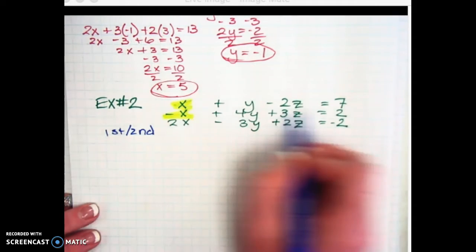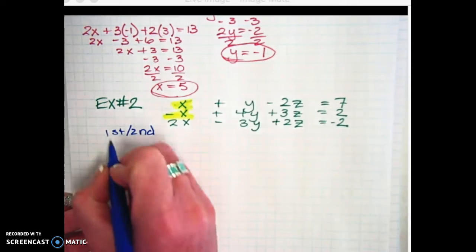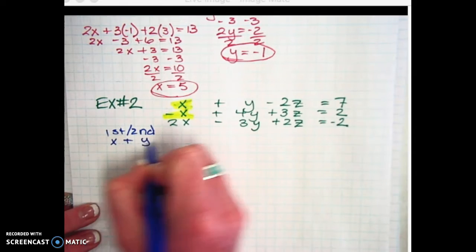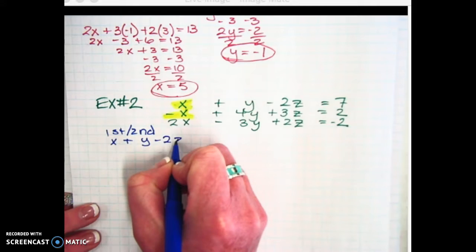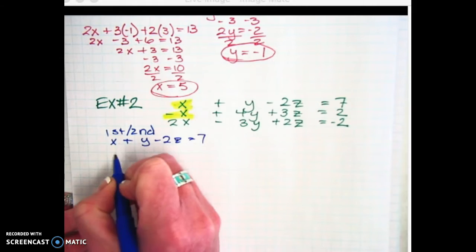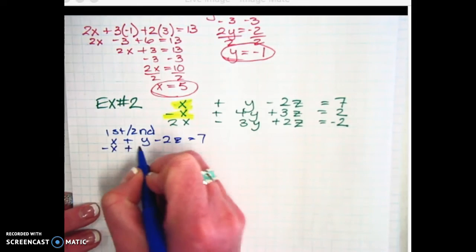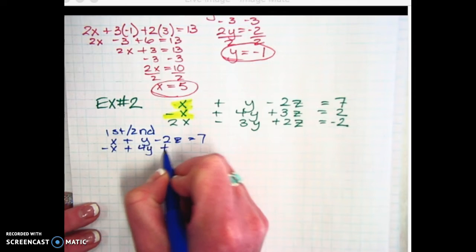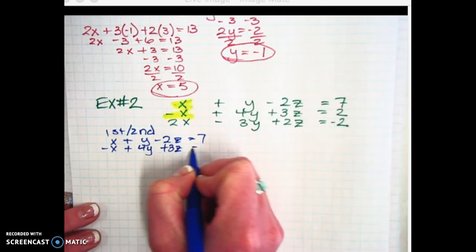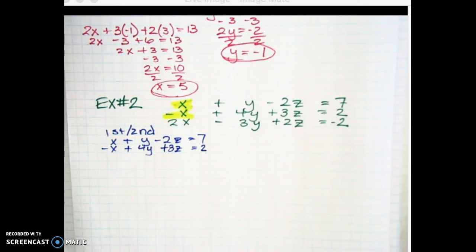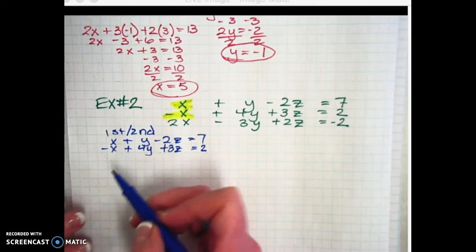So I'm going to start by writing just the first 2 equations. So x plus y minus 2z equals 7. Negative x plus 4y plus 3z equals 2. All right.